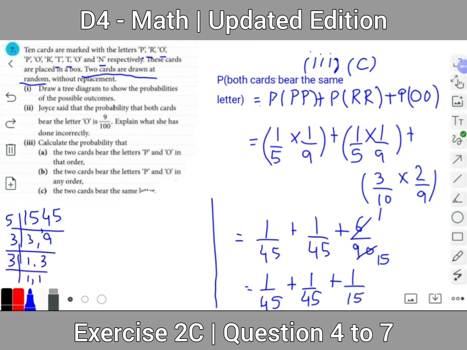So 3 threes are 9 and 9 fives are 45. So the LCM will be 45. Now by using the butterfly rule, we have 45 ones are 45, so 1 plus 1 plus, 15 nines are 45, so 9 multiplied by 1 is 9. Now we have 1 add 1 add 9.